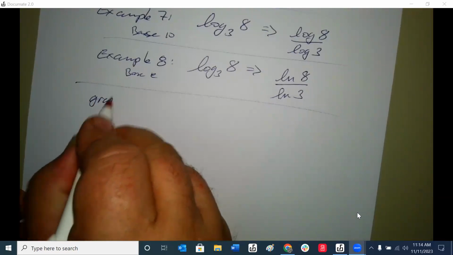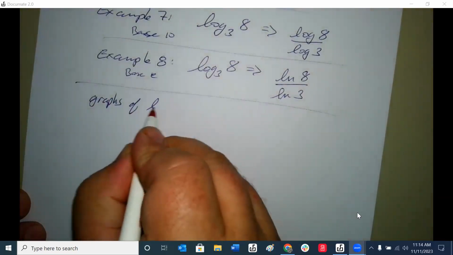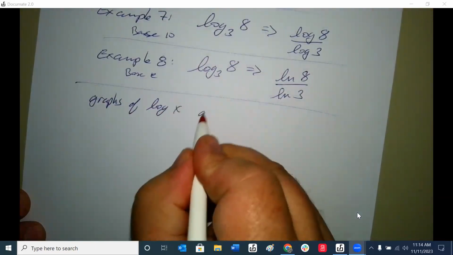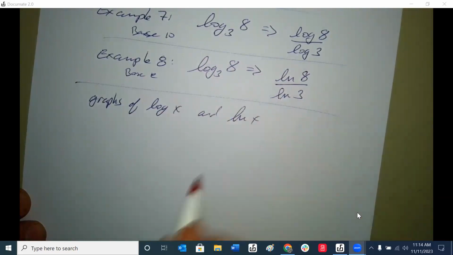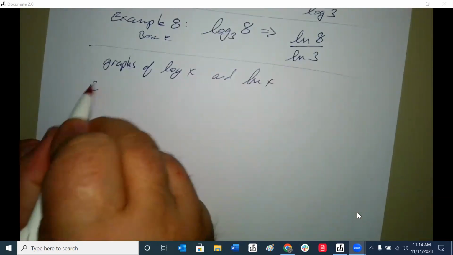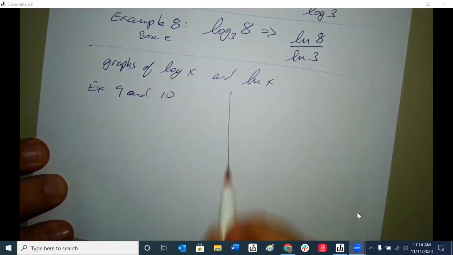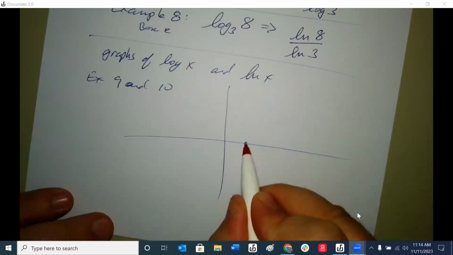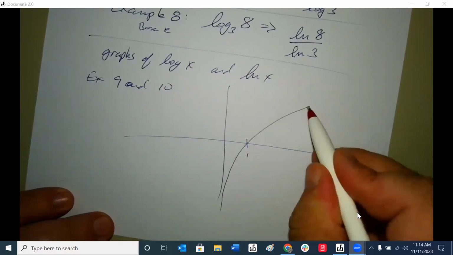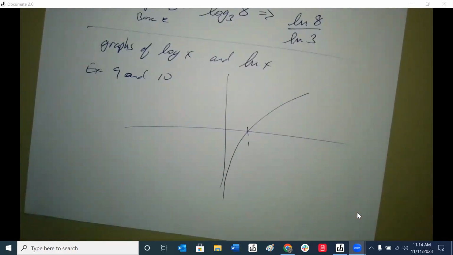The graphs of log x and ln x are pretty much the same. These are examples 9 and 10. They'll all have the basic shape of that.